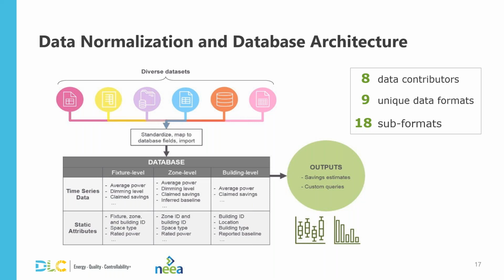The static attributes are fixed information related to the NLC installation, such as the geographic location we've just seen, the gross floor area, or the rated power of the luminaires controlled by the NLCs, etc. From the time series data and static attributes, we were able to construct baselines and calculate savings against the baseline.